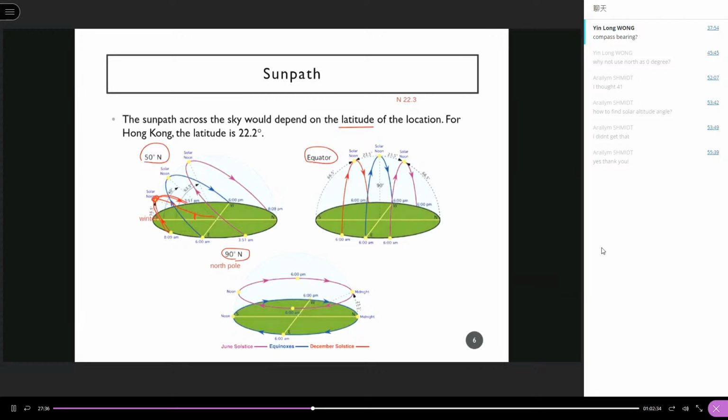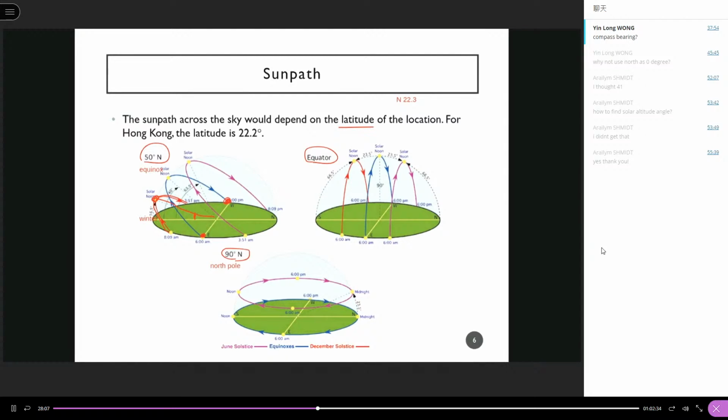And then this is the equinox. On the 2 equinox, the sun will rise exactly from the east. No matter it is 50 degree north or 22 degree north, on the 2 equinox, the sun will rise exactly from the east direction and set exactly in the west direction.